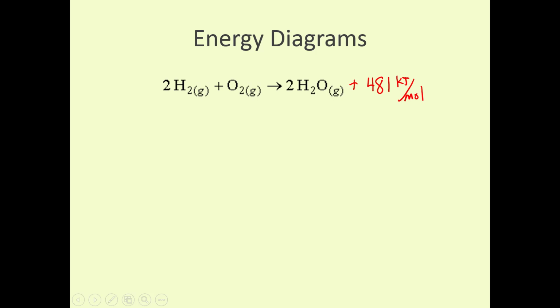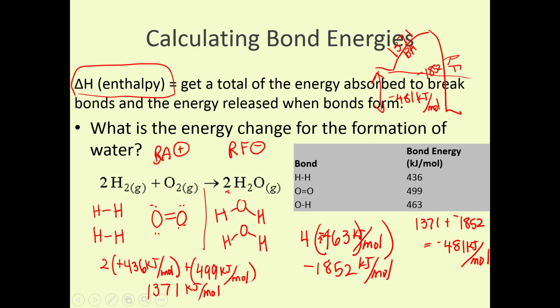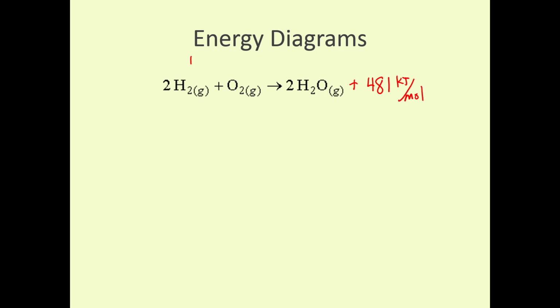Okay, so why did I put it on this side? Because we had to add in 1371 over here. We took 1371 kilojoules to break all that up. And then we released 1852 kilojoules. And so the difference is the net energy on this side, because that also is released.